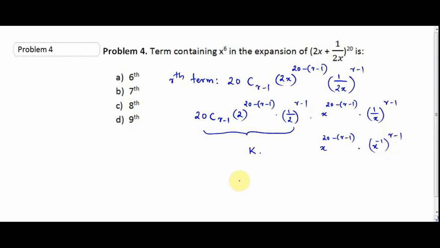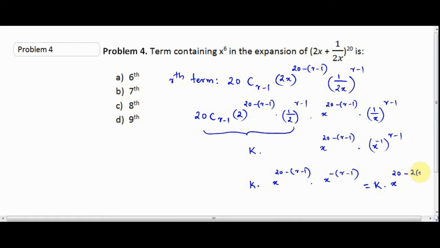So it can be rewritten as k into x raised to (20 minus (r minus 1)) into x raised to minus 1 into (r minus 1), that makes it x raised to minus (r minus 1). When we combine this, we get k into x raised to (20 minus 2(r minus 1)).